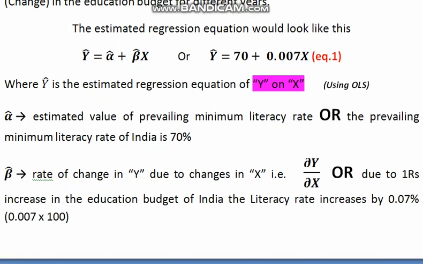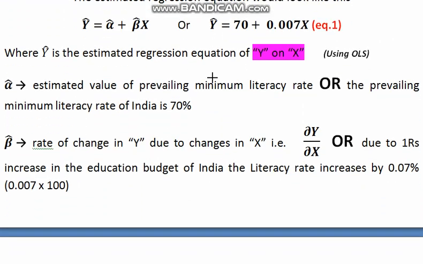Alpha cap, or 70, will give us the minimum literacy rate prevailing in India, that is the amount at the origin. That is what we can find out with the help of this alpha cap.